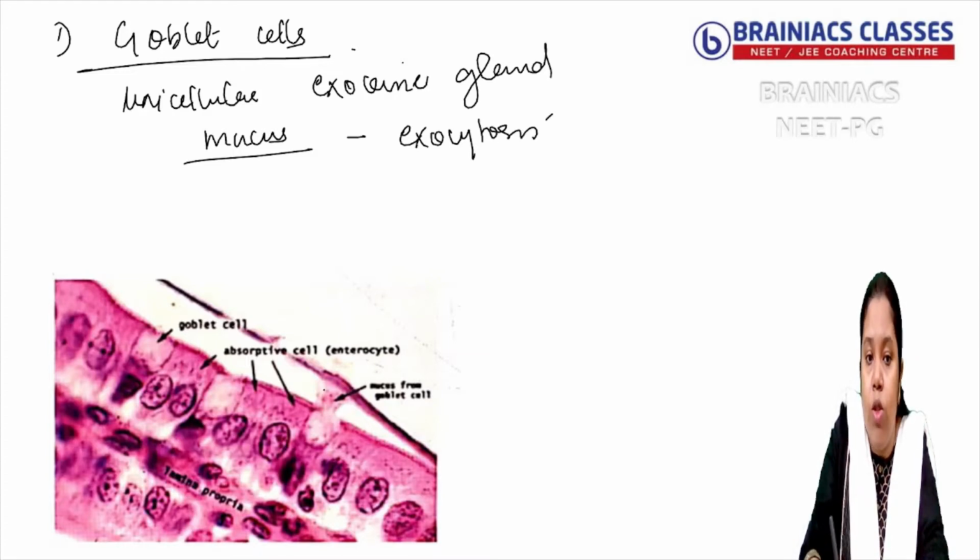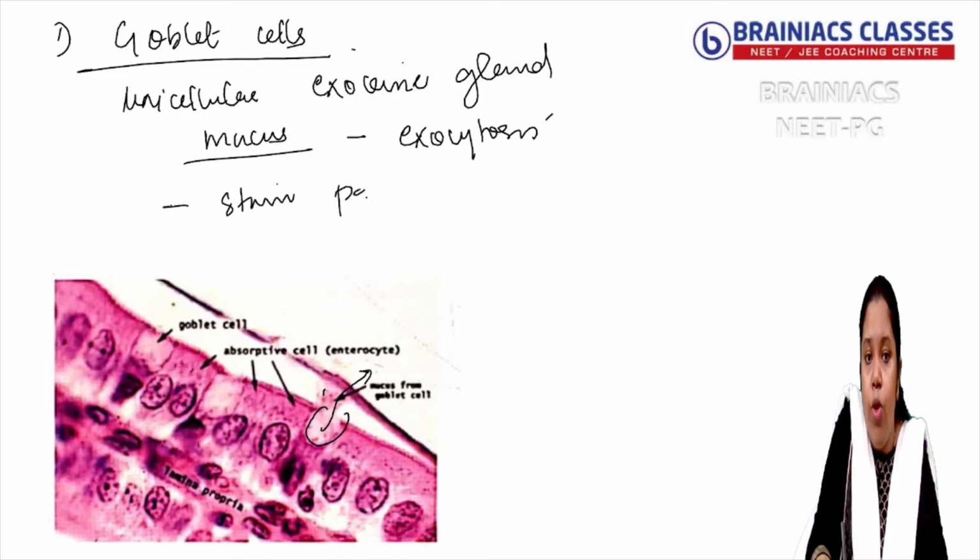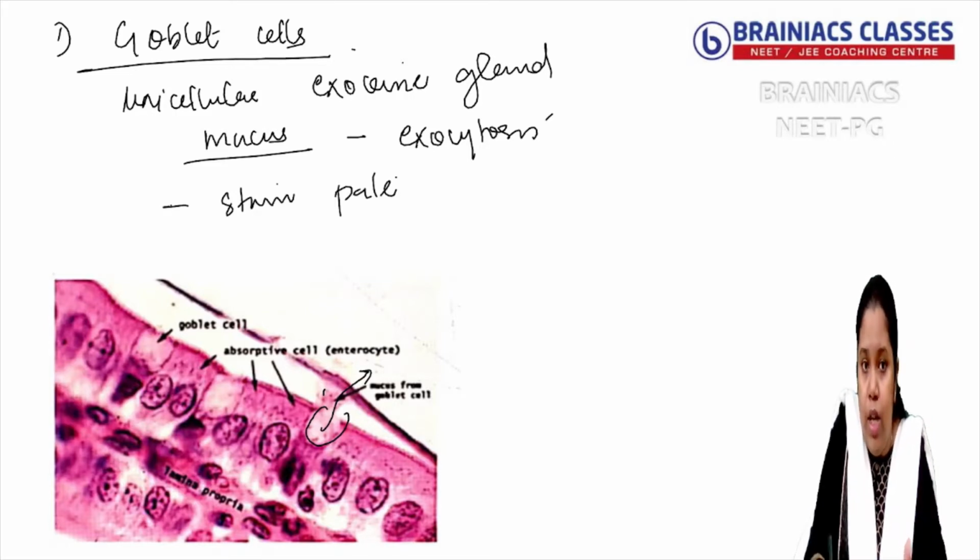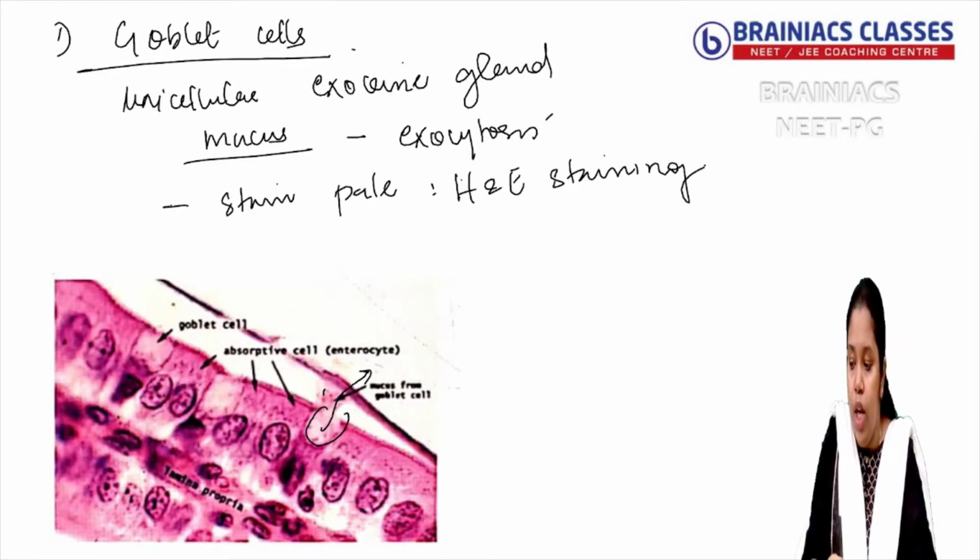Can you see the exocytosis happening here? The mucus is secreted out. Since the secretion is mucus, goblet cells will stain pale because mucus doesn't take up any stains. So they will stain pale with H and E, hematoxylin and eosin staining. Okay, so this is about the goblet cells.